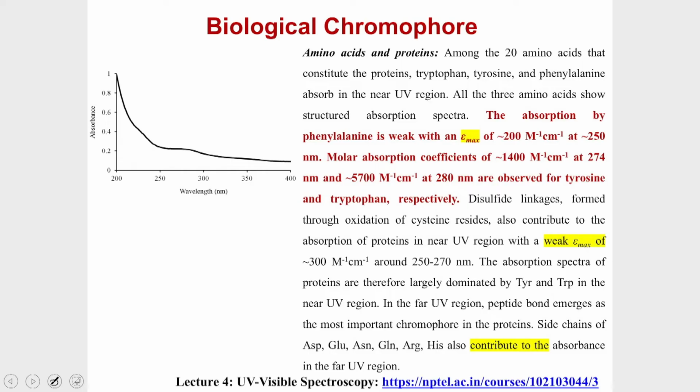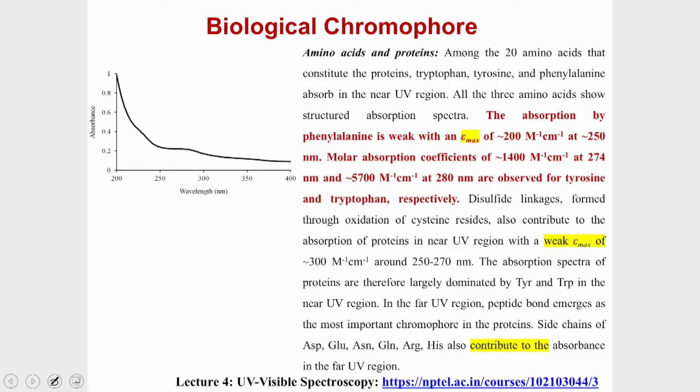The disulfide linkages formed through the oxidation of cysteine residues also contribute to the absorption of protein in the near UV range, with a weak epsilon max of 300 around 250 to 270 nanometer. The absorption spectra of protein are therefore largely dominated by tyrosine and tryptophan in the near UV range.